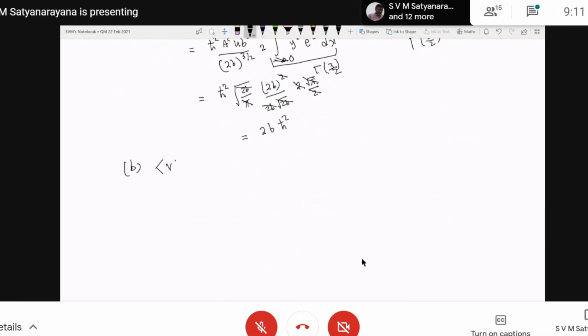So you have h bar omega by 2 plus, here you have 4b. There is an extra factor of 2 coming. It is supposed to be h cross omega by 2, no sir? h cross omega by, so I think h bar by omega.